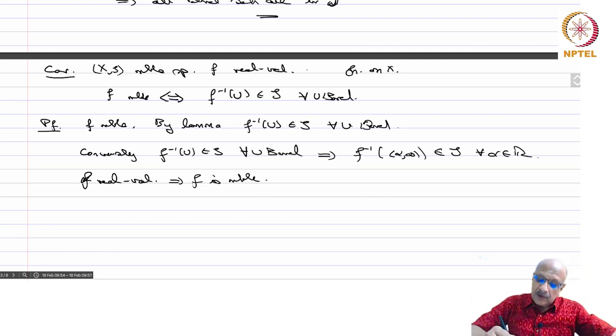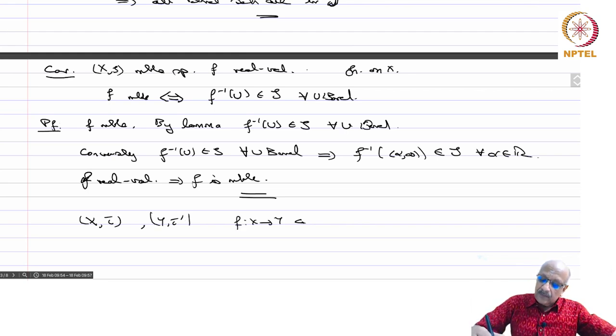Okay, so this proves it. So now measurability is seen as nothing but an imitation of continuity. Suppose I have two topological spaces (X, T) and (Y, T dash), then what do you say that f from X to Y is continuous?